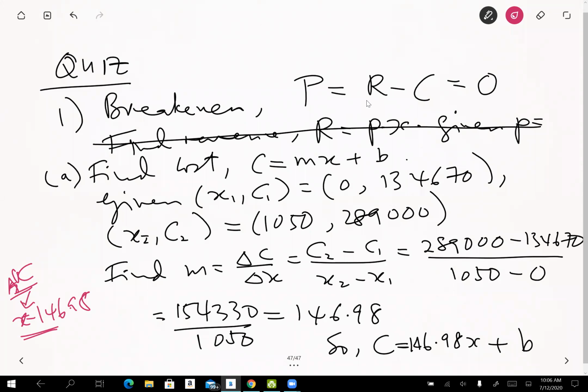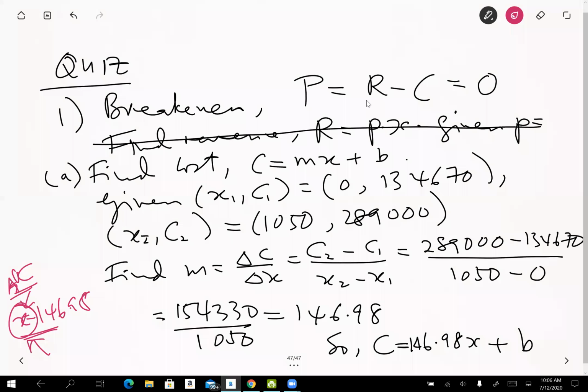Now that is not X. X is the variable. What you find now is the slope. You cannot find X. X is the variable. And so if you say X equal to 146.98, I don't know whether you misunderstood or you think that X is the slope, which is wrong.